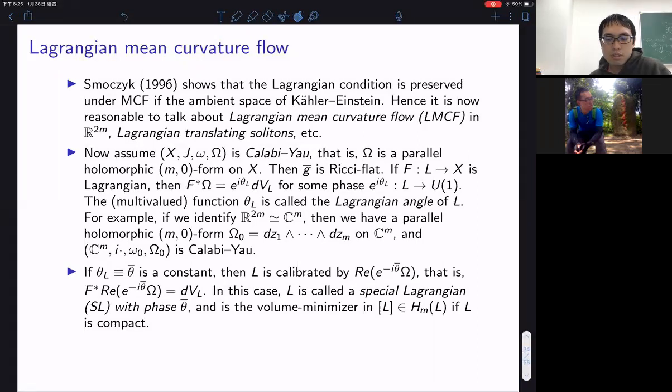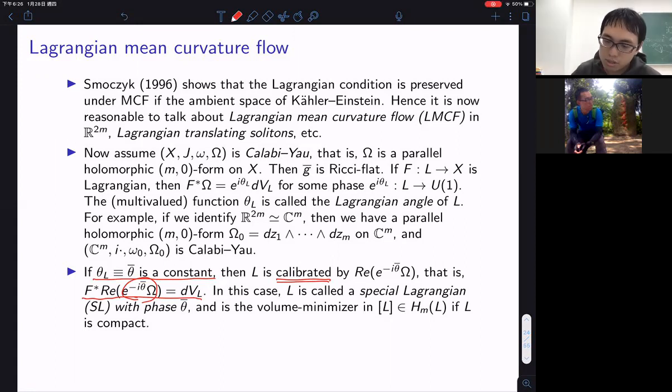So if there's a Lagrangian submanifold such that the Lagrangian angle is a constant, then one can show that if you pull back the real part of this rotation of the Calabi-Yau structure, you get the volume form of L. Okay. So in this case, we say L is calibrated by this real part of e to the minus i theta bar Omega.